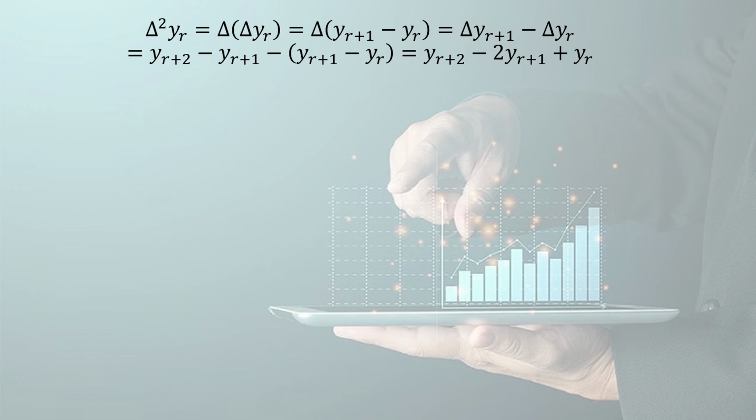The coefficients in this case look like binomial coefficients. It's 1, 2, and 1 with alternate signs. We can find a third order as well. The third order can be found by using the binomial coefficients of a minus b cubed, that is 1, minus 3, 3, minus 1, and we can find the third order difference as well.